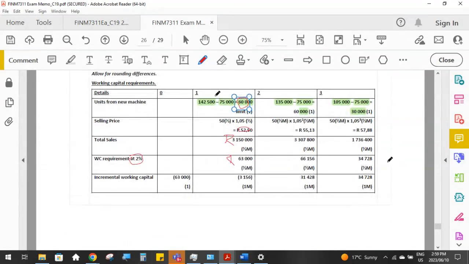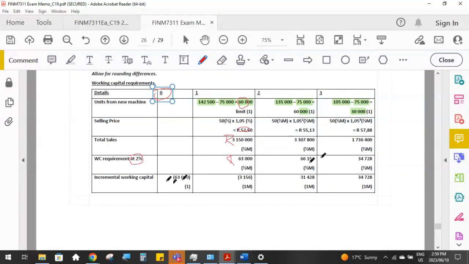So at the beginning of year 1, we want 63,000 Rand additional working capital. So our cash flow out at time 0 will be 63,000, because at the beginning of the project we have to have an additional cash flow out of 63,000 to establish this new working capital that we need.